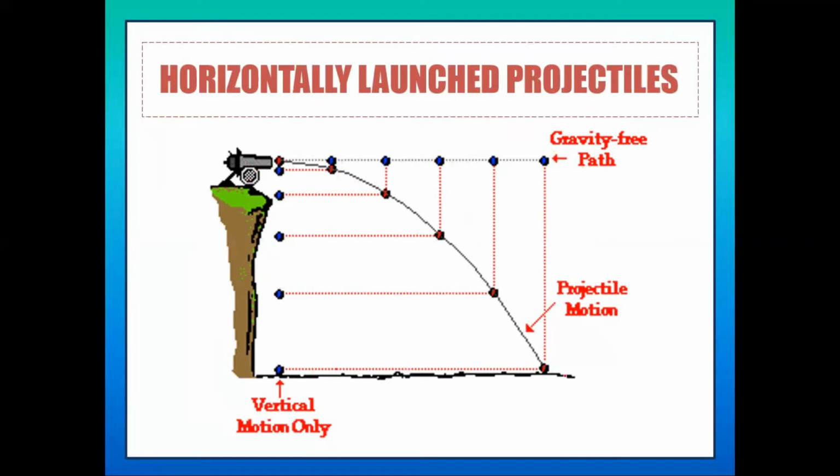It follows a parabolic path. In this case, there is no horizontal force to maintain the path of the cannonball in the gravity-free path. Only the vertical force is present, which is your gravity, that creates a parabolic path. So gravity is the reason why it creates a parabolic path.